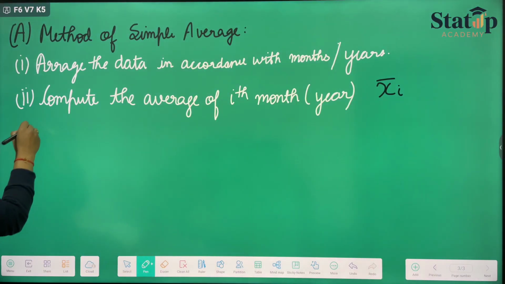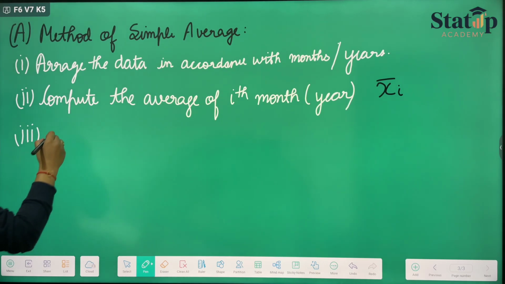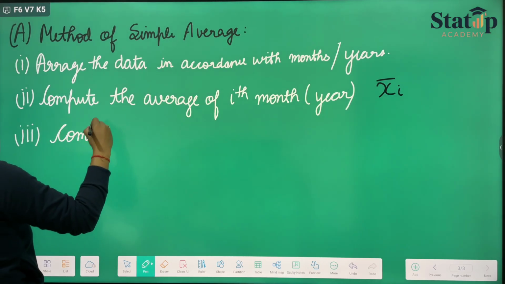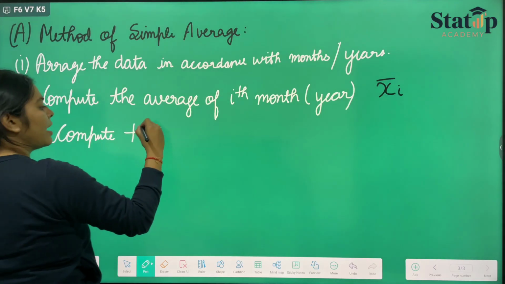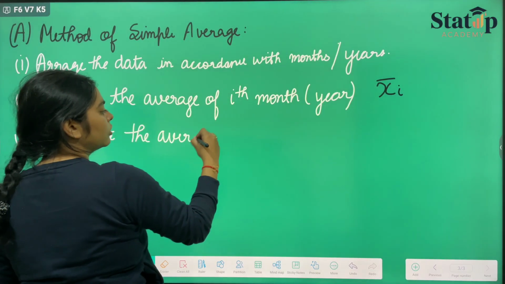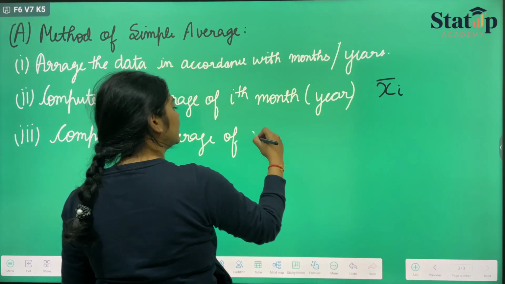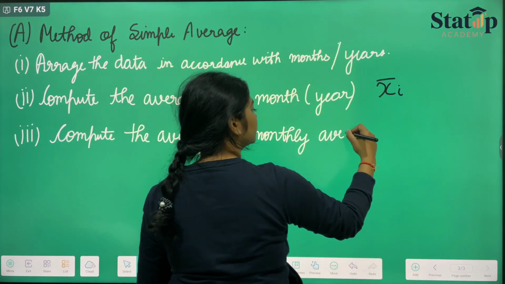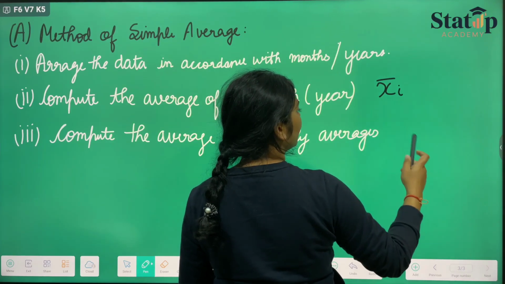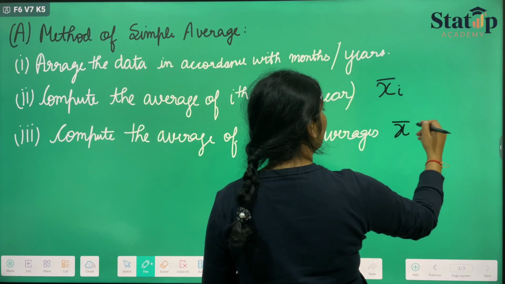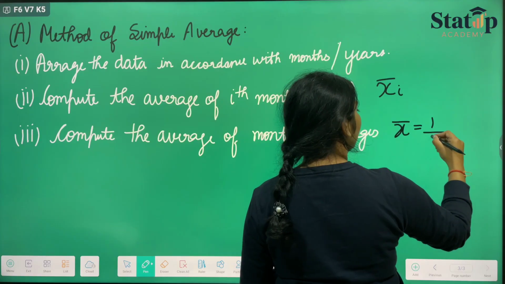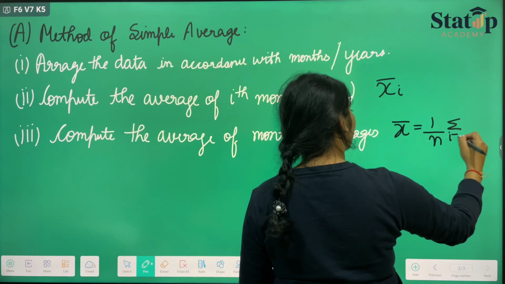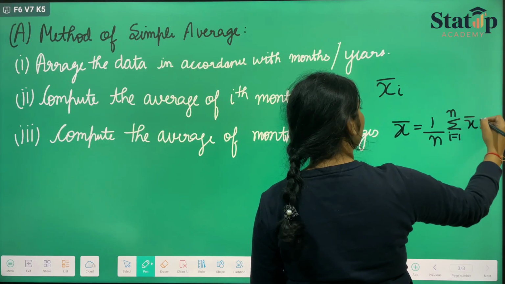Then the third part says that we have to compute the average of the monthly averages, which is given by x bar, and hence it is given by 1 upon n summation i goes from 1 to n x bar i.